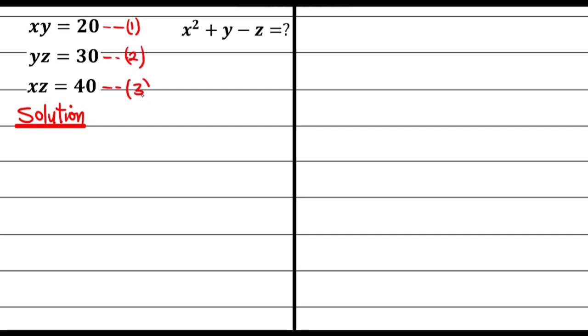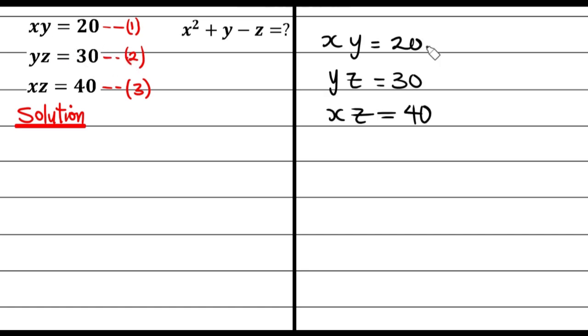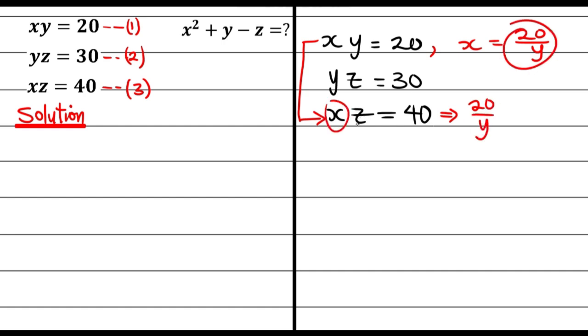What I have seen quite a number of people doing with this kind of question is using substitution in order to get the value of each variable, which is not going to work here. If someone says we're going to make x the subject from equation 1, so x is equal to 20 over y, and substitute that into equation 3, then we have 20 over y times z equals 40.